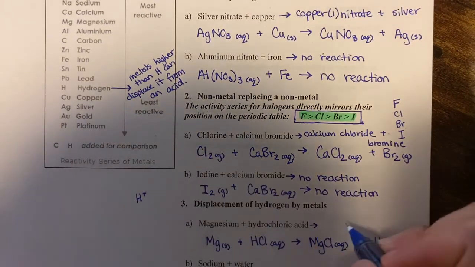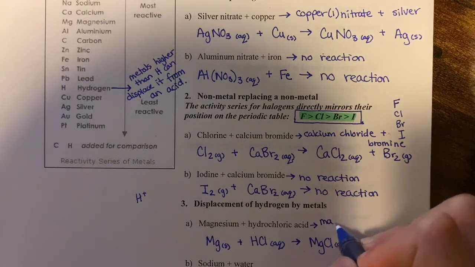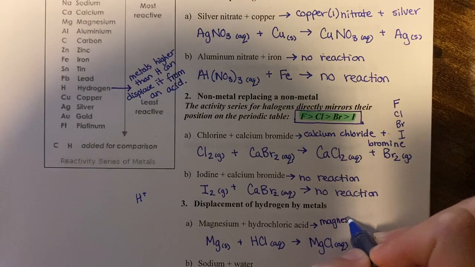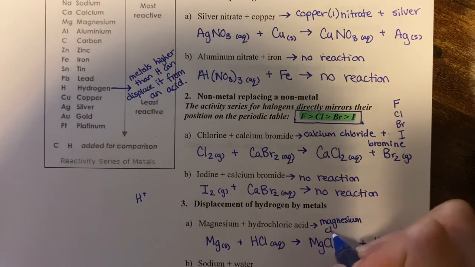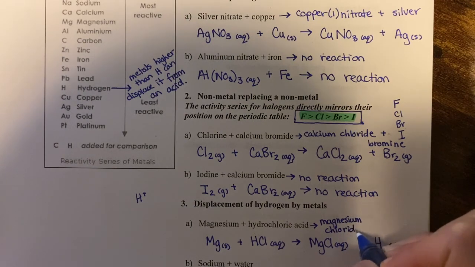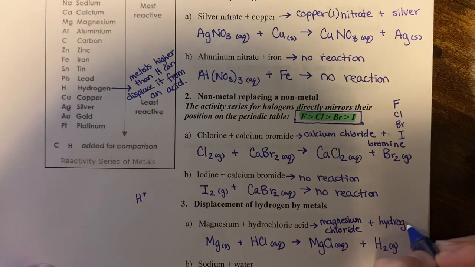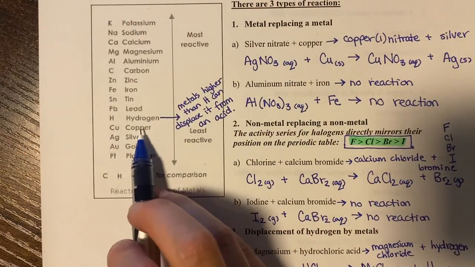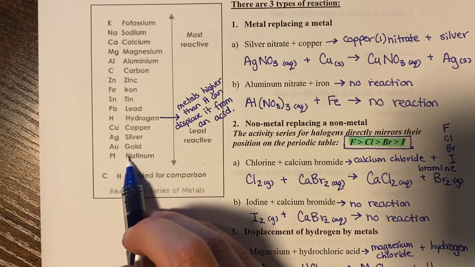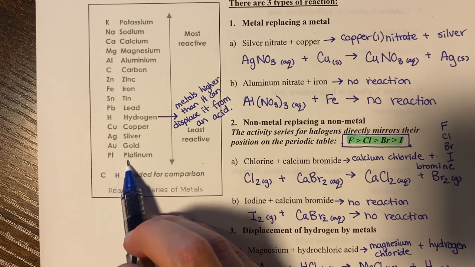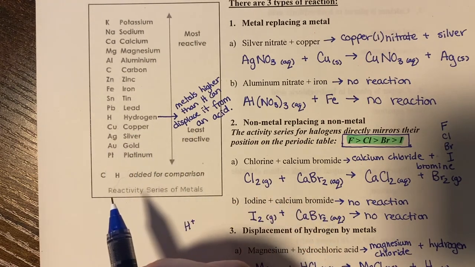The word equation for this is magnesium chloride plus hydrogen. If you were to react something lower on the metal activity series with an acid, nothing would happen. There wouldn't be evidence of a reaction.